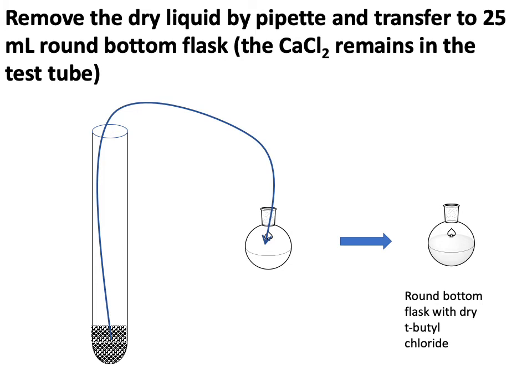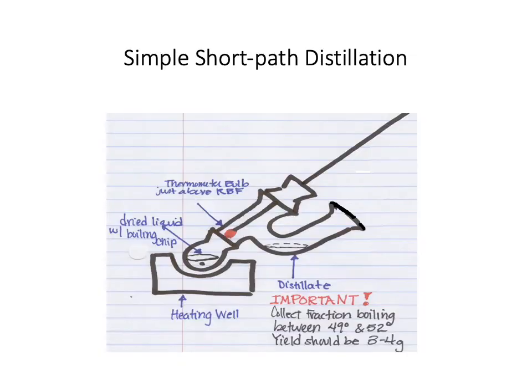After drying, we transfer all the tertiary butyl chloride to the round bottom flask for the next step. We need this simple short path distillation just to distill the obtained tertiary butyl chloride, and we gather the distilled material in the elbow.